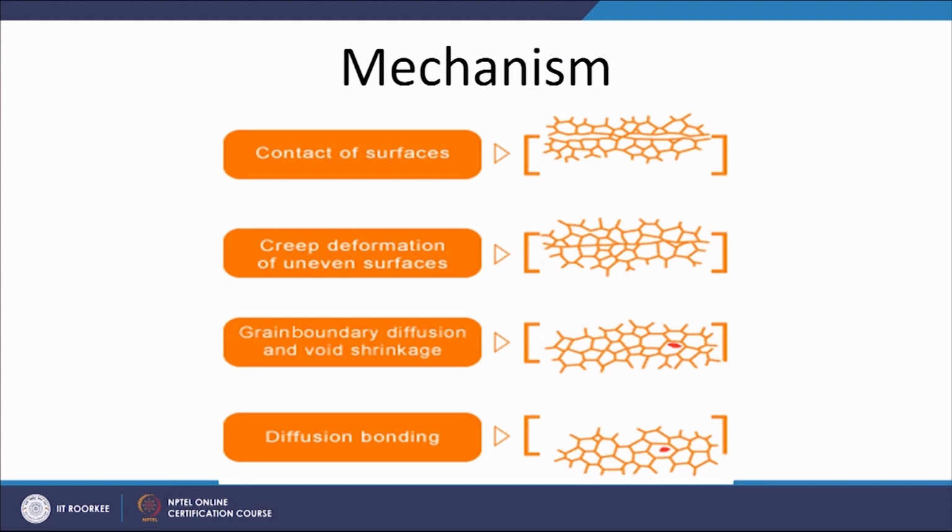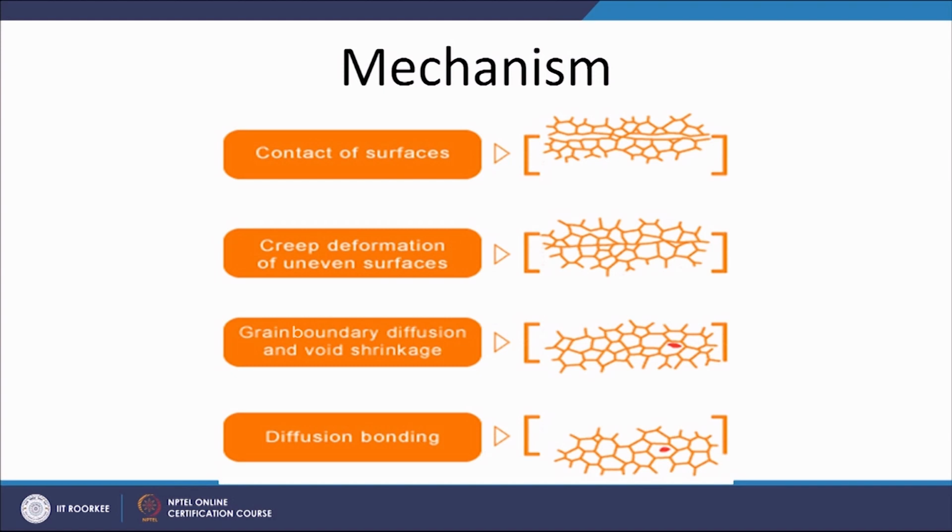So, grain boundary formation, grain boundary diffusion, and void shrinkage form voids left within the grains, and subsequently the continued volumetric diffusion helps in elimination of all these voids, but it takes a long time.